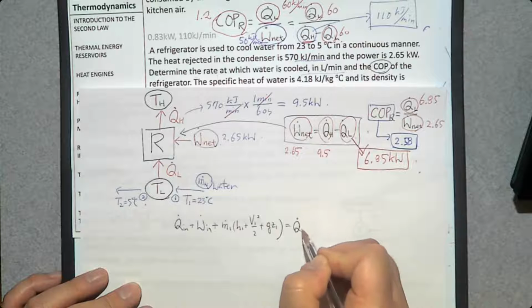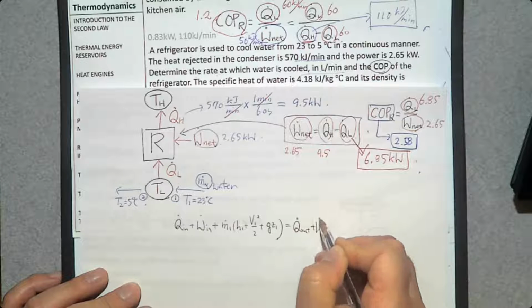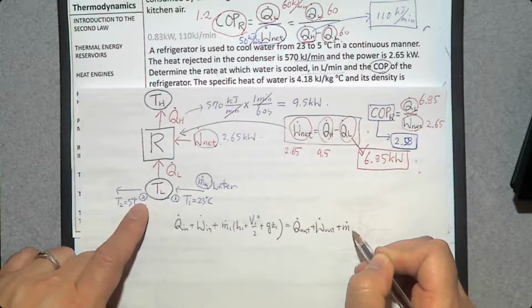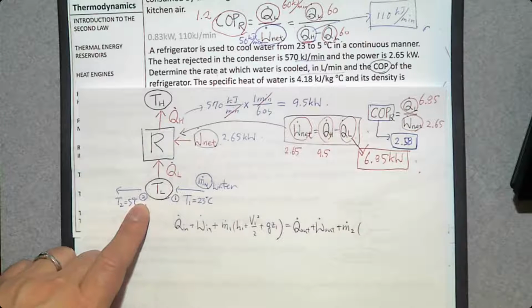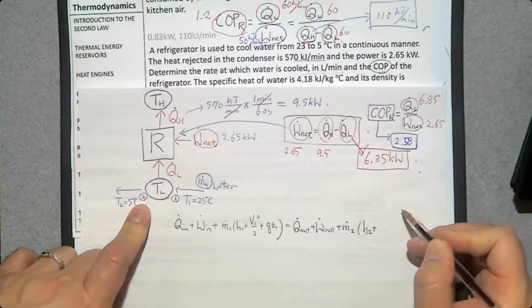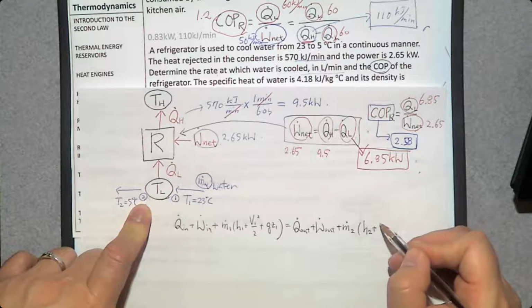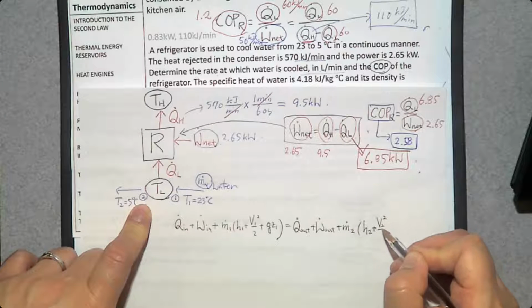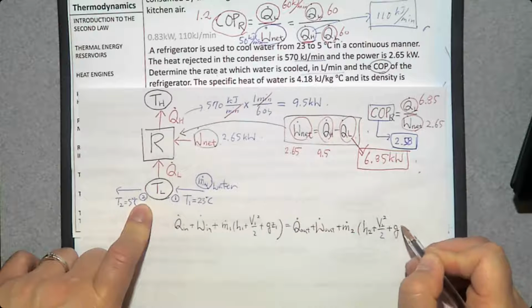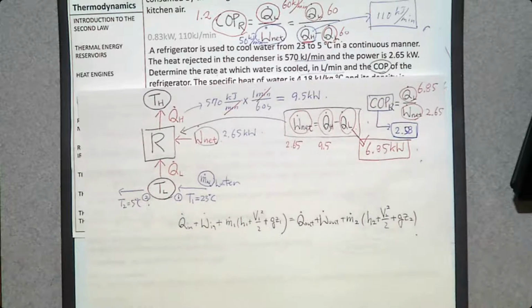And Q dot out plus W dot out plus M dot at the exit, number 2. This water at the exit has specific enthalpy, h2, specific kinetic energy, V2 squared over 2, plus specific potential energy, gravity times elevation, z2.